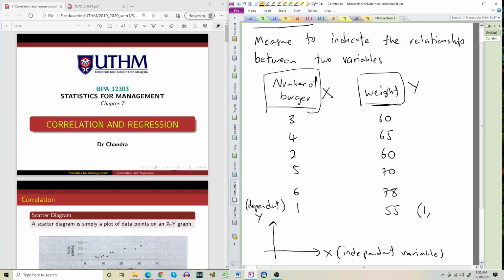So the coordinates will be (1, 55), (6, 78), (5, 70). So these would be my coordinates.